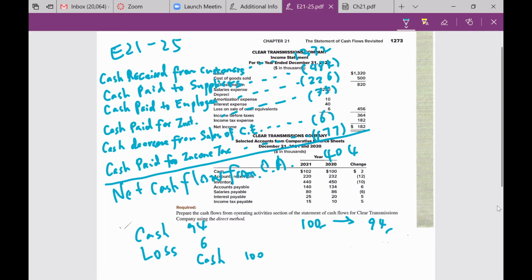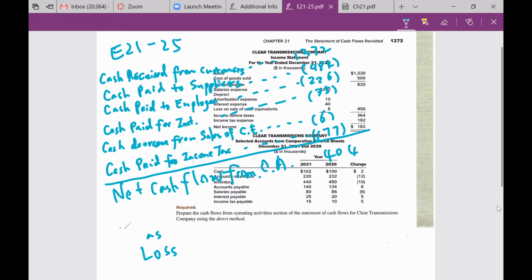Can you explain the cash received from customers and suppliers? Okay, the first 2. Let me explain the first 2. The cash equivalent sales, everyone's okay with that, right?